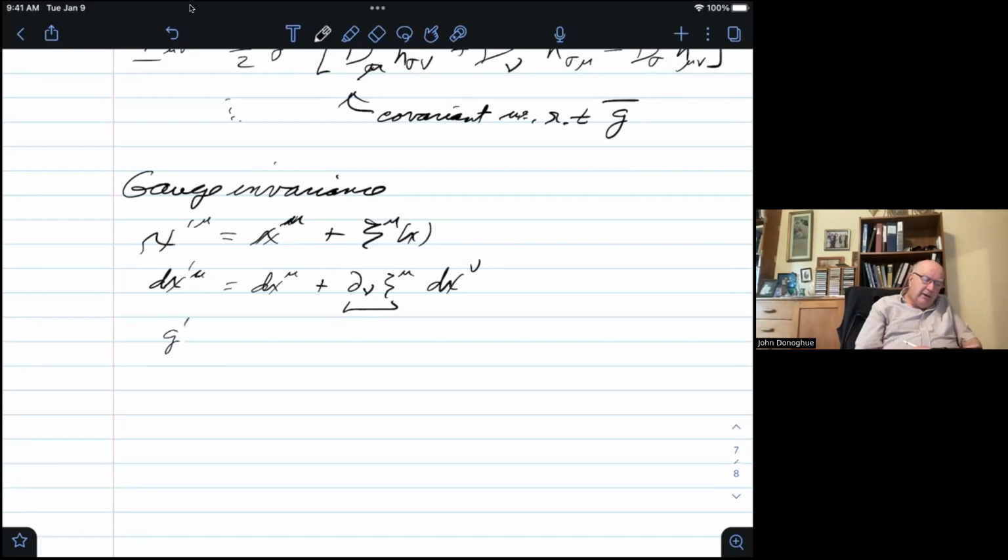G prime mu nu of X prime is J mu minus 1, J lambda, G beta of X prime, J nu beta minus 1.